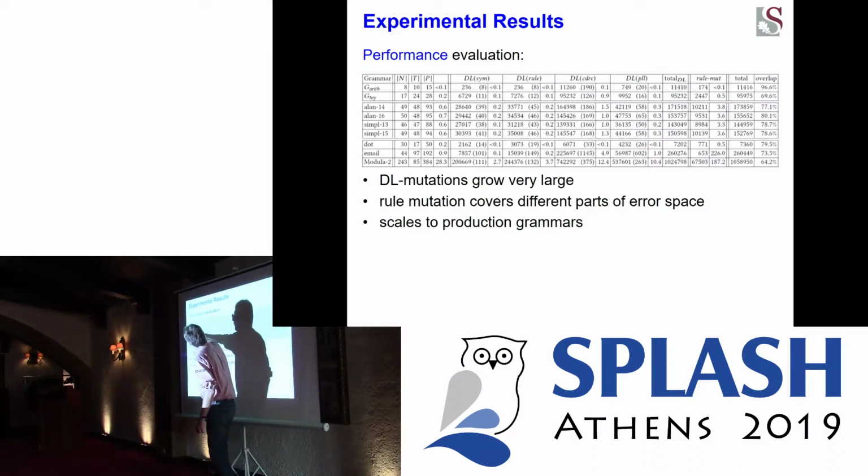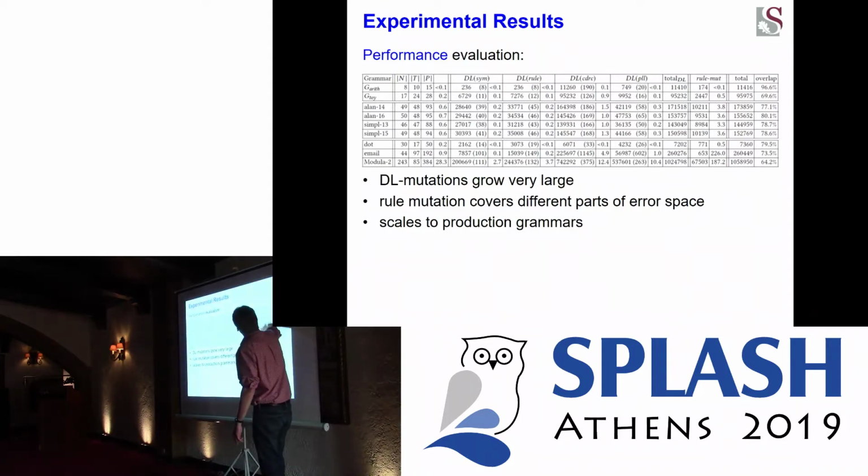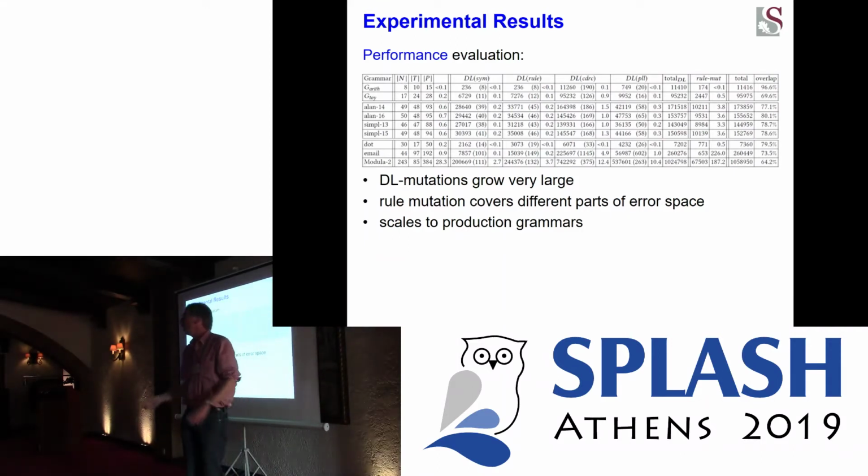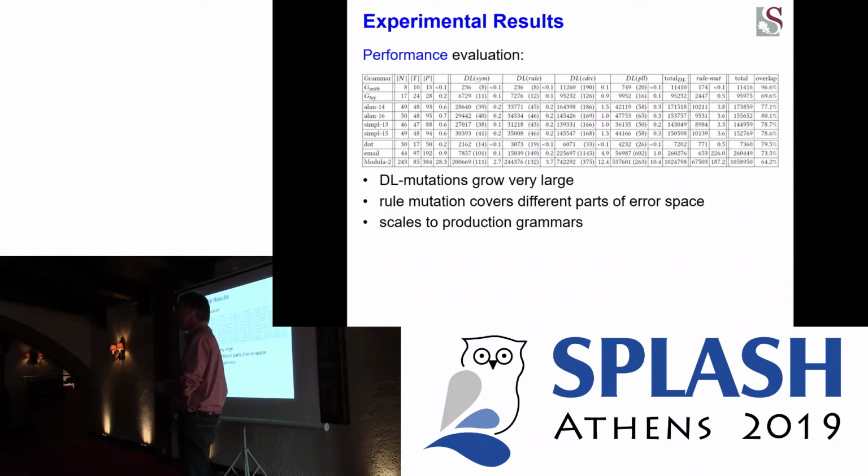So we have 50 non-terminals, 100 rules. We get on the order of 10,000 mutants by mutating the rules, and 30 to 100,000, depending on the size of the positive test case. So you get large numbers, but it's fully automatic, so it's manageable. File I/O is a limiting factor.